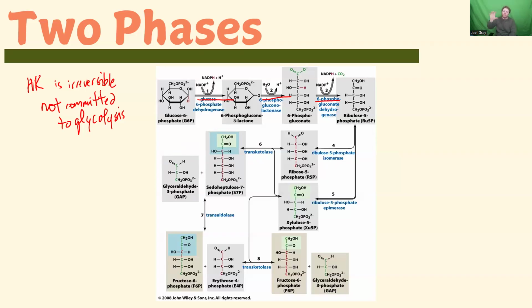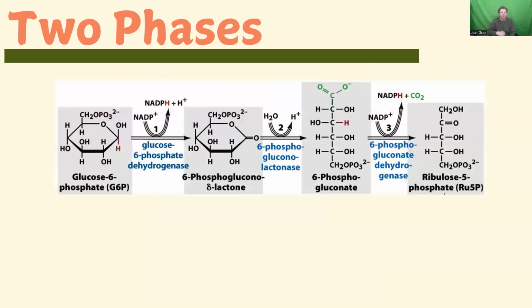Now, what I want you to know right now is that we can break this pathway down into two major phases. The first phase is depicted right here. This is known as our oxidative phase. There's a couple of really important details that I want to highlight about this oxidative phase.